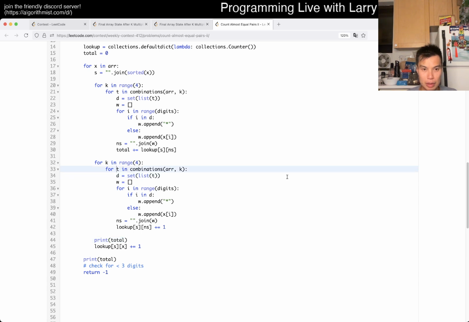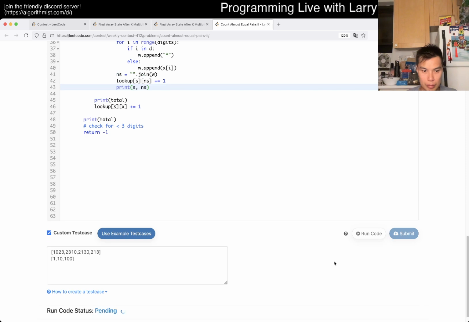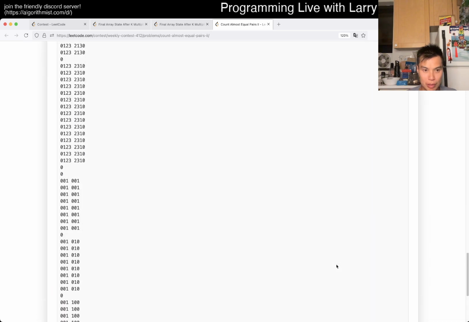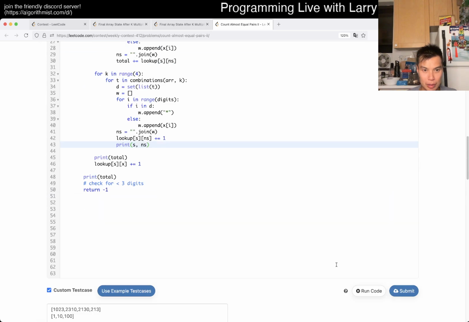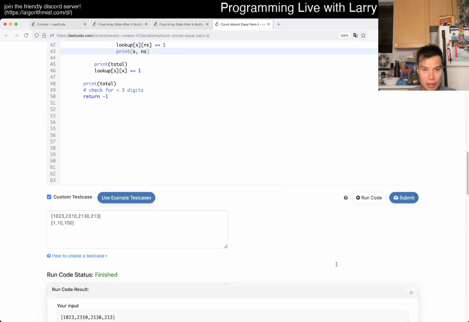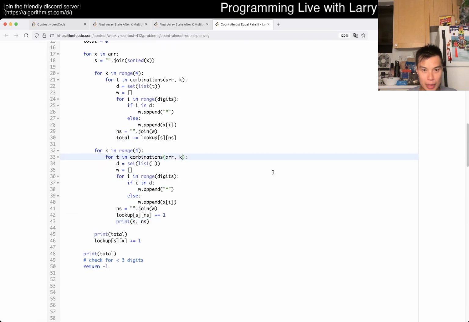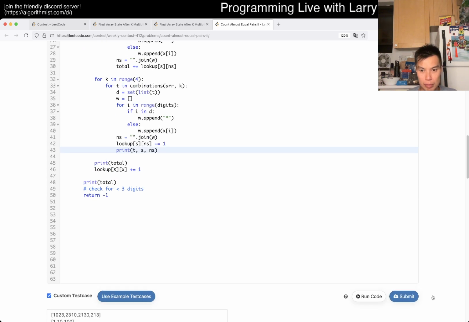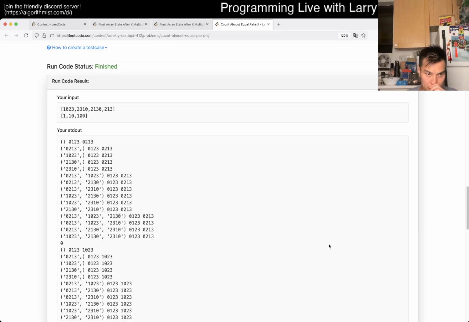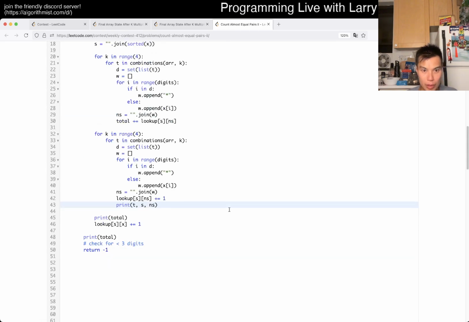Does this code work? This code seems to work. Well, not really actually. Oh, wait.